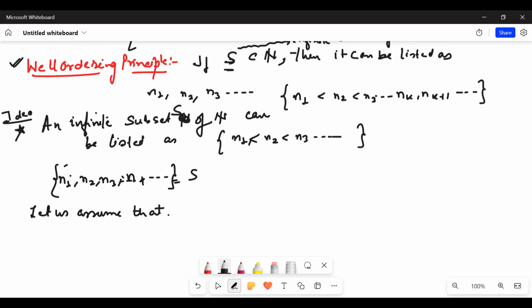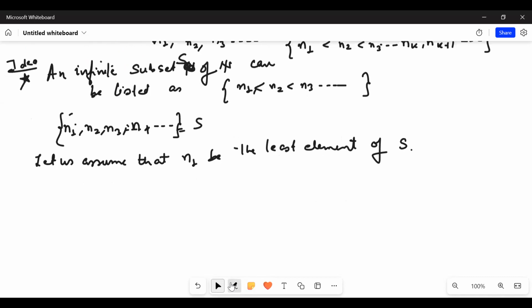Let us assume that n1 is the least element of S. What I'm going to do is take this n1 away from S, so I take a set where I have taken out n1.